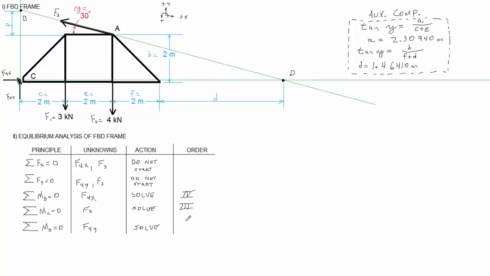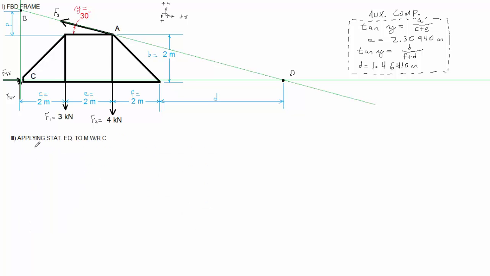Then I'm going to do point D, that'll be my step 5. And then I'm going to check my answer using some of the forces in the x direction. You are required to have a check solution when you do an equilibrium analysis. And for this homework dealing with support reactions, you are required to have an equilibrium analysis.